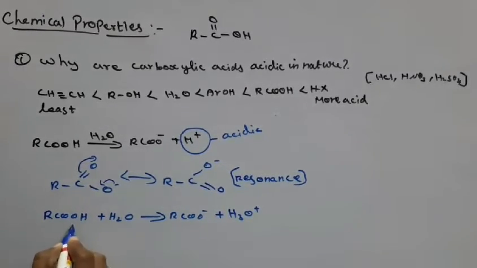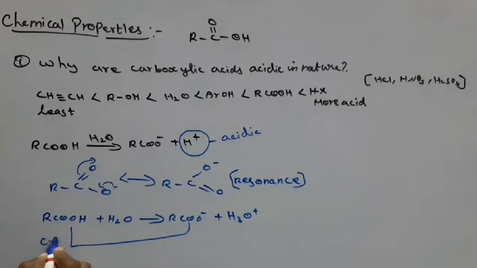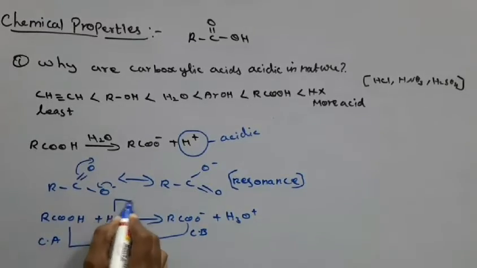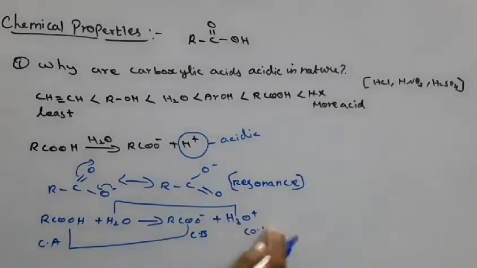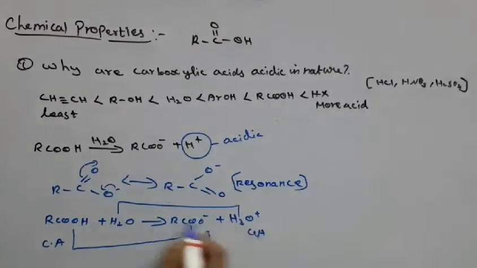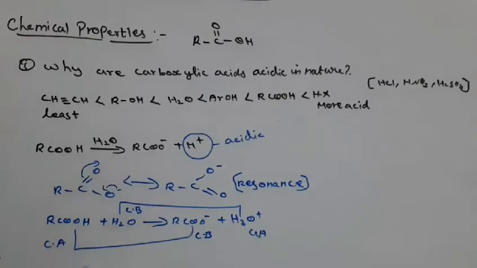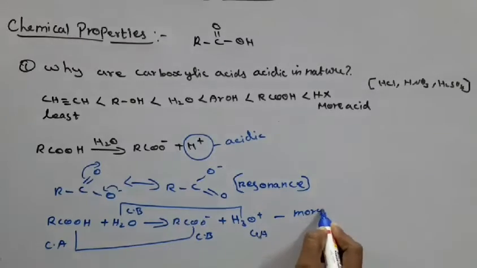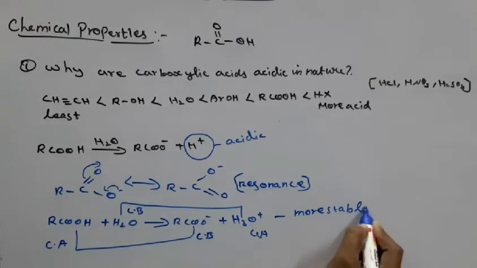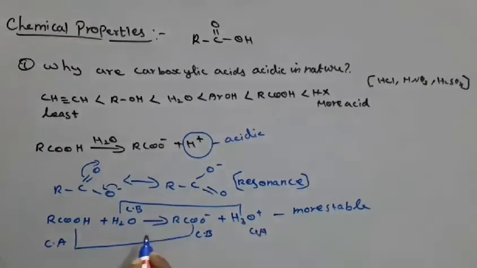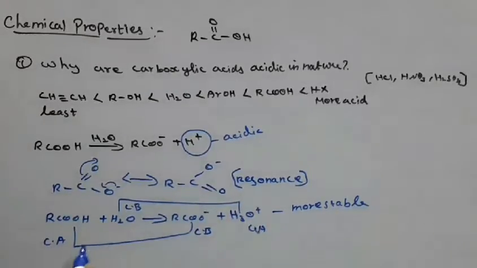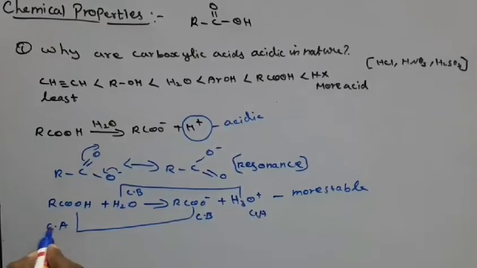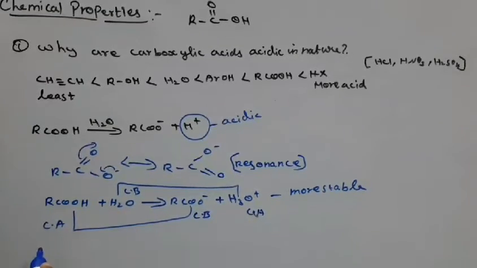So these are the conjugate acid and the conjugate base. The conjugate base is more stable. This is the key point: the corresponding acid for a stable conjugate base is a stronger acid.